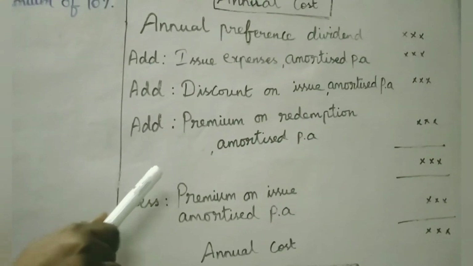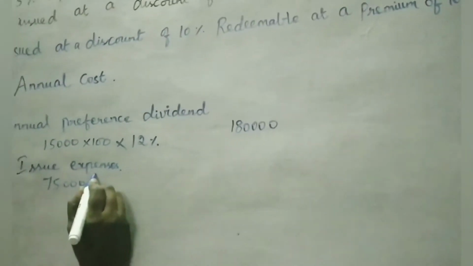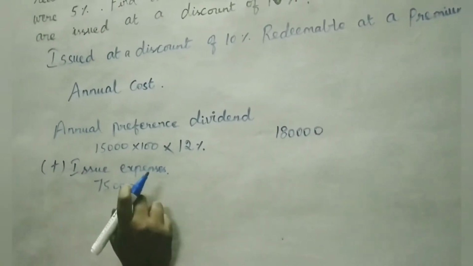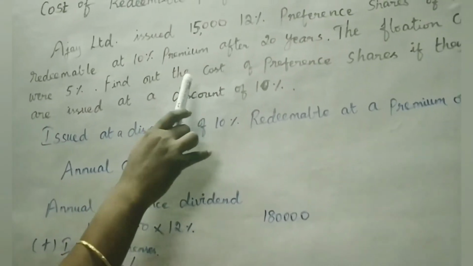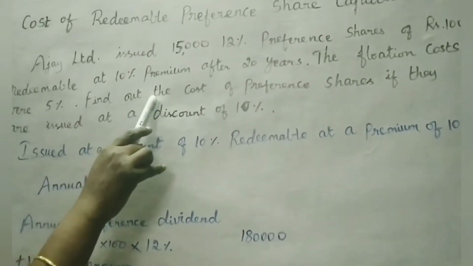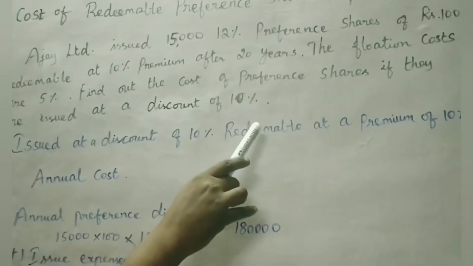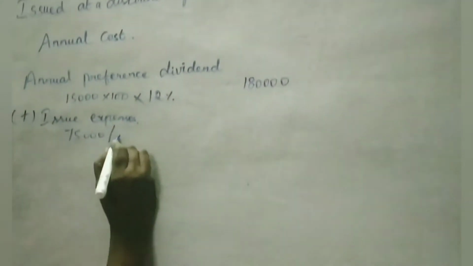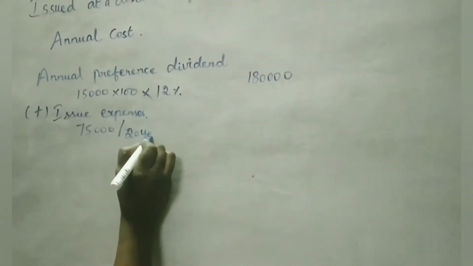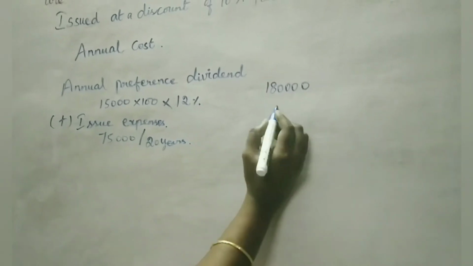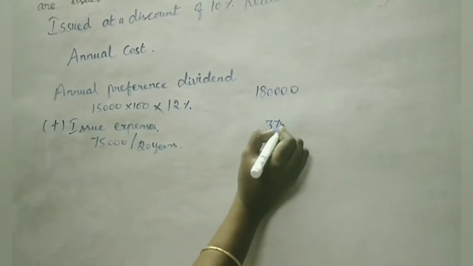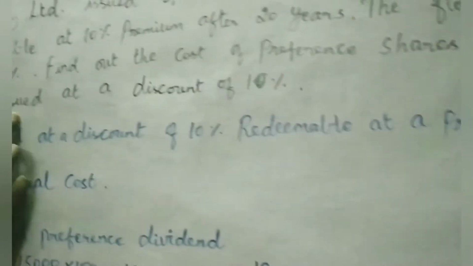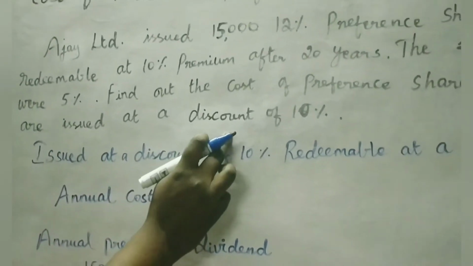Issue expenses amortized per annum. To find out per annum, divide by number of years. Here the preference shares are redeemed after 20 years. So divide by 20 years. The amount is 3,750. Preference shares issued at discount.